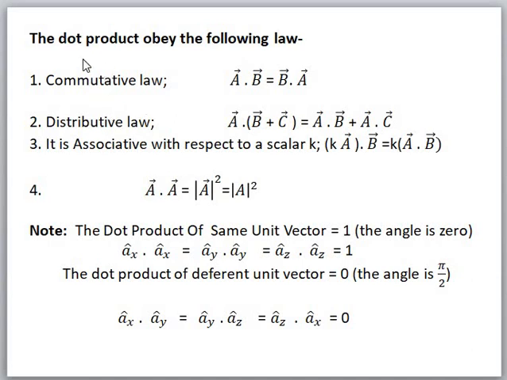The next, the dot product follows the distributive law. We can write in this form: vector A dot in bracket vector B plus vector C is equal to vector A dot vector B plus vector A dot vector C.